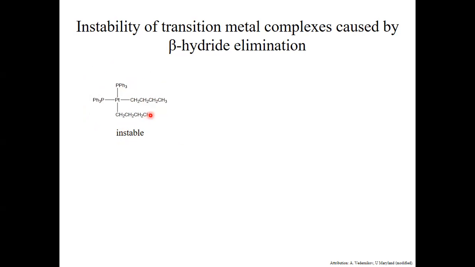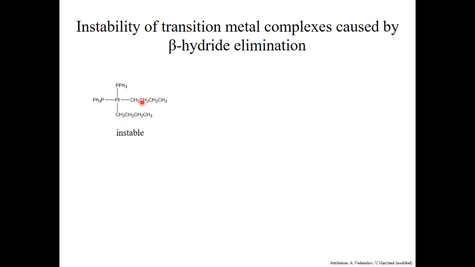Why is it unstable? Because it can undergo beta-hydride elimination. There are beta hydrogens because we have beta carbons. This is the alpha carbon, that's the beta carbon, that's the alpha carbon, that's the beta carbon, and we have hydrogens attached to the beta carbons.